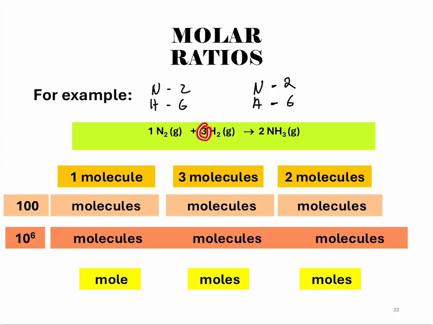So here we have 3 hydrogen molecules, and each hydrogen molecule has 2 hydrogens. We just have to count up the total number of hydrogen on each side of the reaction to check if it's balanced. So is this equation balanced? Yeah, it's balanced because we have the same number of everything on both sides of this reaction, right? This was our reactant side, and this was our product side.